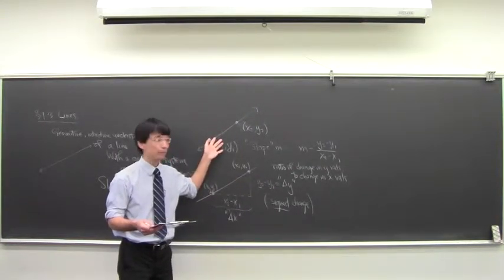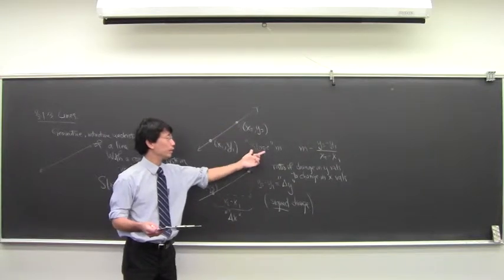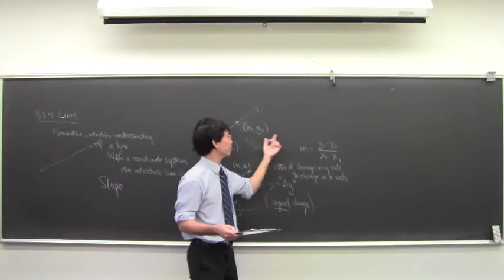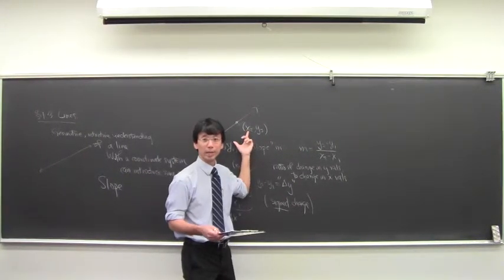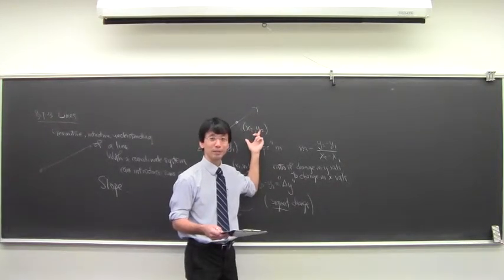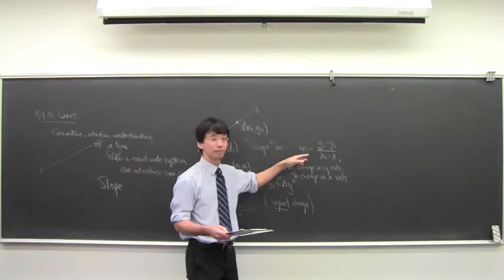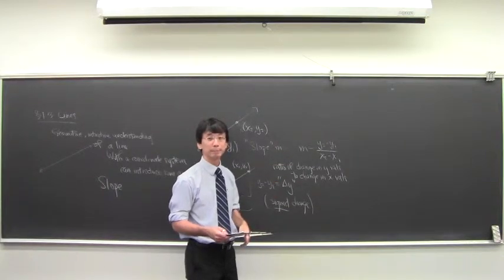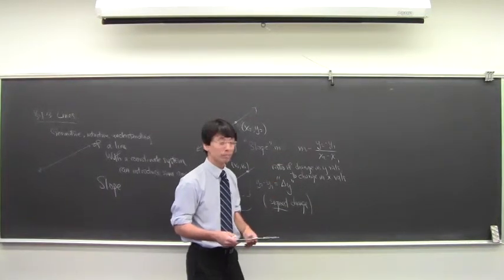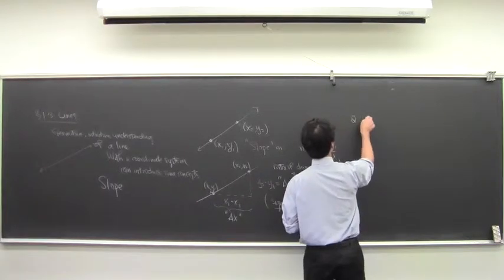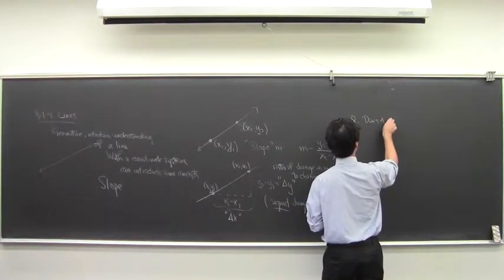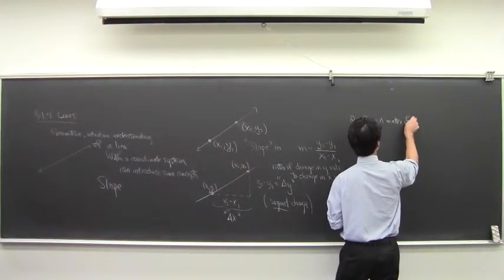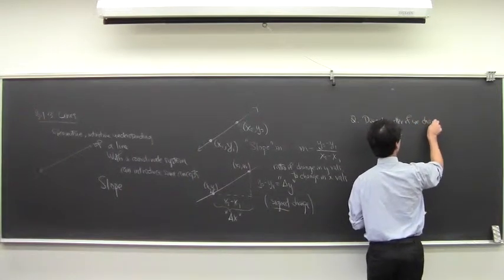First question: does it matter if we change the order? Suppose somebody says, "Well, what if I take these in different order? Does it matter? Do I still get the same slope?" Yeah. Why, Elise? Because if they're both negative, then it's going to be positive. Right. So, does it matter if we change the order?